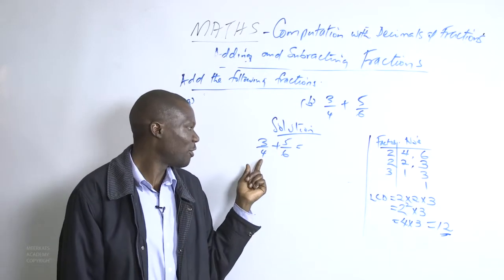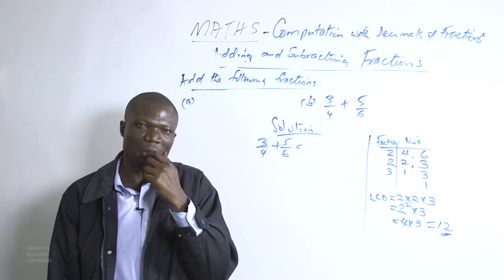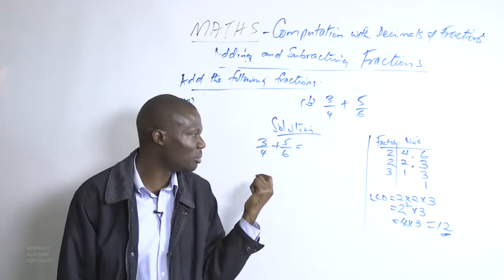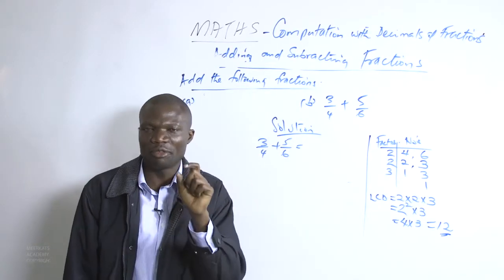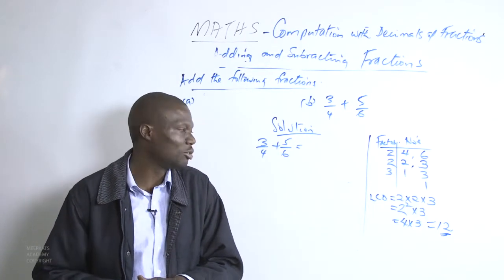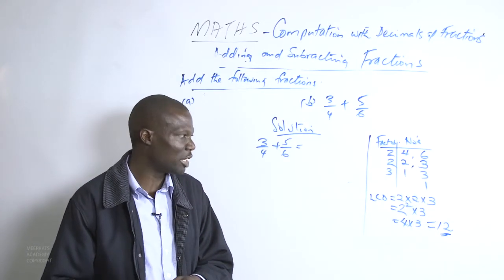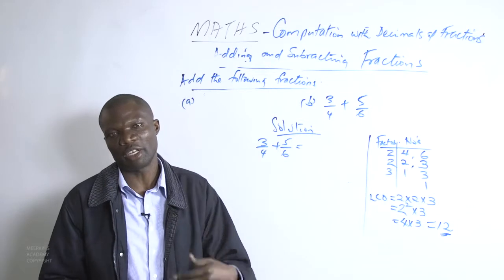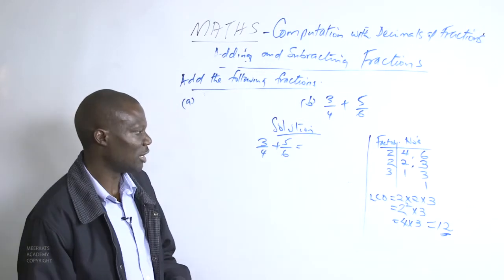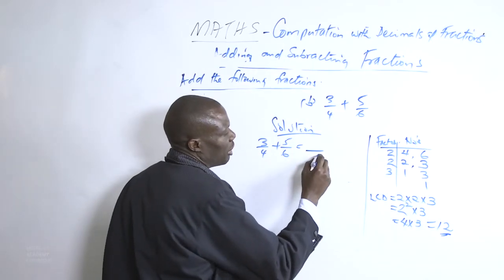But 4 and 6 have a common factor. So anytime you come across fractions whose denominators share a common factor, do not multiply to get the lowest common denominator, but instead go the longer way of finding it. So we have seen it is going to be 12.